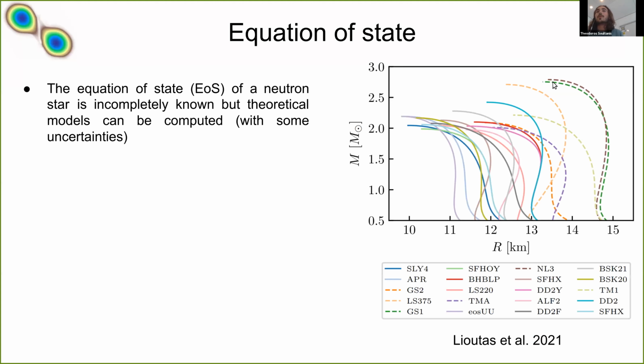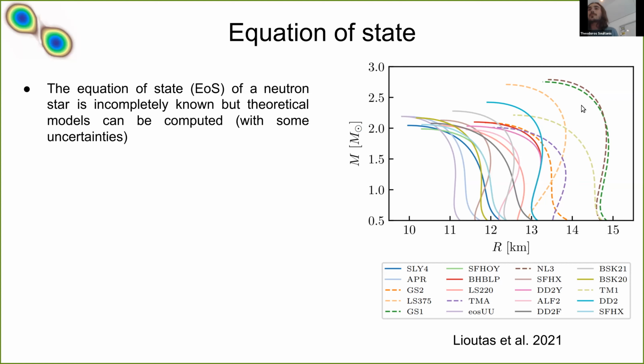Okay, so before I start, let me just say a few words about the equation of state. Why do we study these neutron star mergers? The goal, of course, is to learn more about the physics inside the neutron stars. So far, we have a nice understanding of it, but our knowledge is not complete. There is a density regime where we make some speculations.